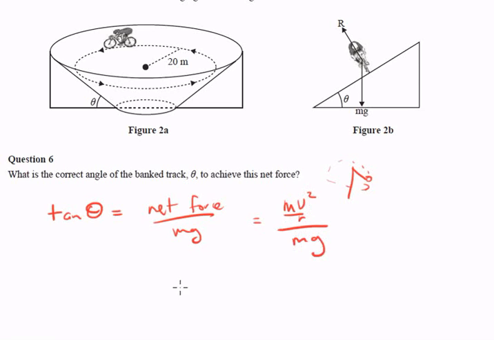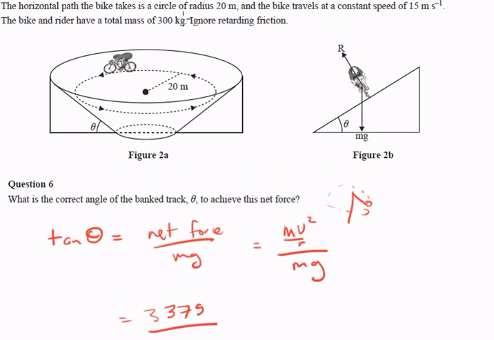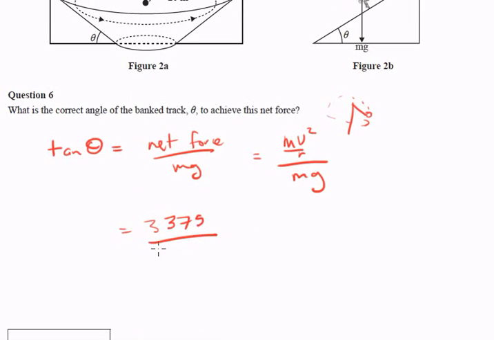Now we've calculated this before, the net force 3375, and I've got a mass of 300, so mg must be, I'm jumping ahead, 300 times 10 is 3000.